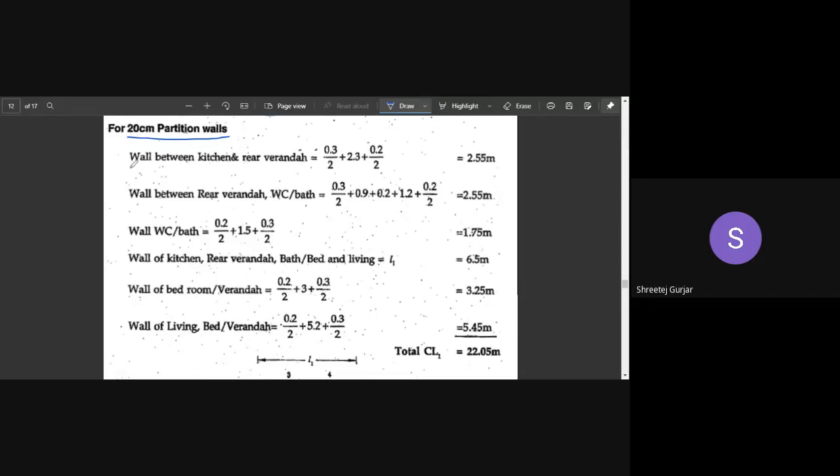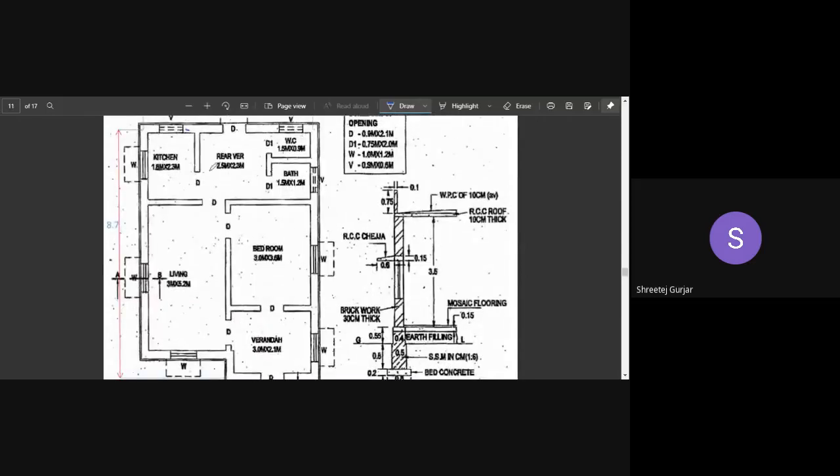Now see the wall between kitchen and rear veranda. That length we have to calculate. This is my rear veranda and this is my kitchen. So this is the wall that we are talking about. We need to find the center to center length of this wall.